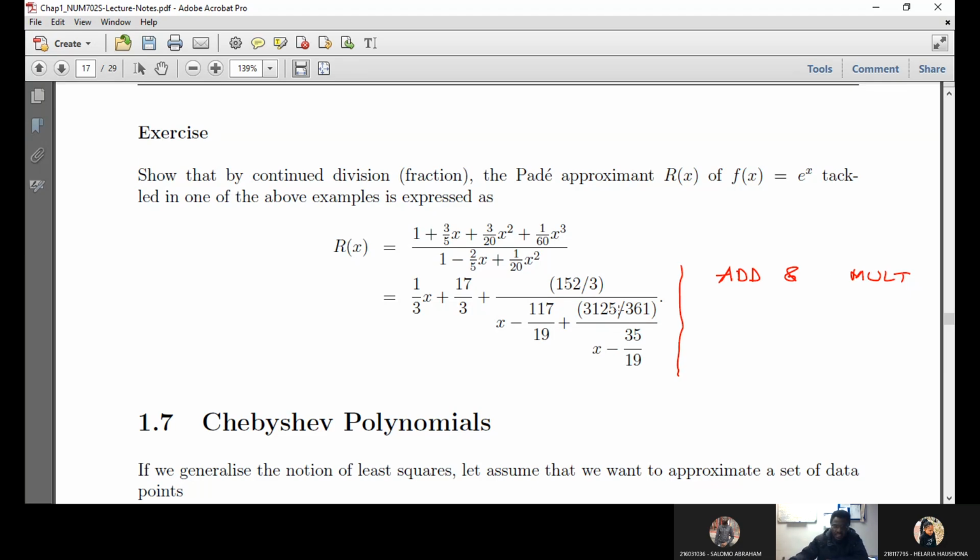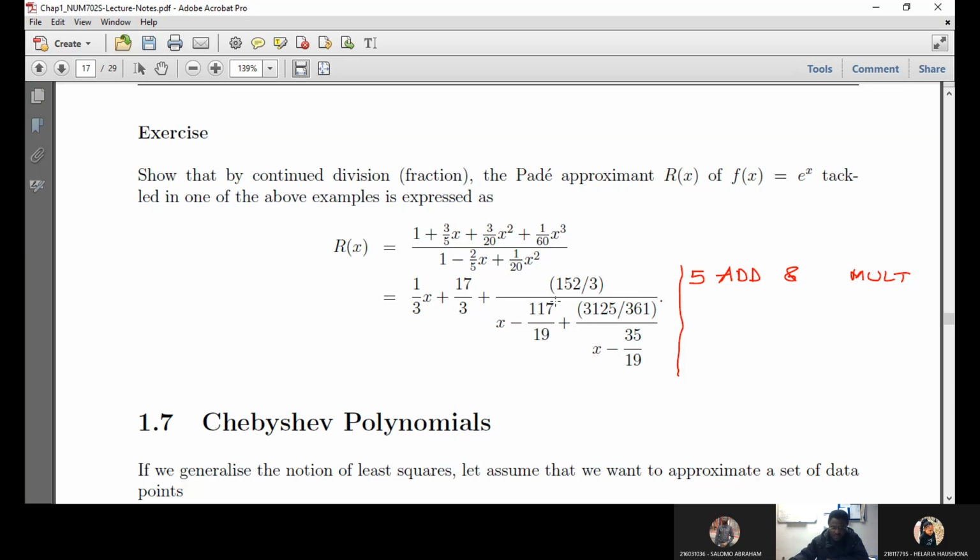Okay, now if you count, the number of additions is 1, 2, 3, 4, 5. So there are 5 additions here.